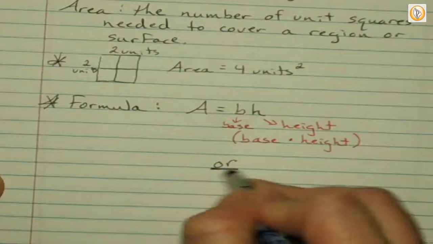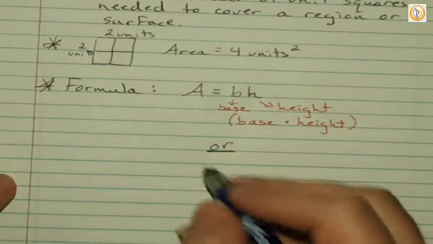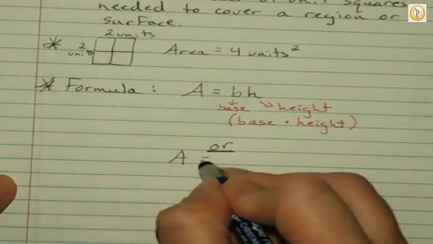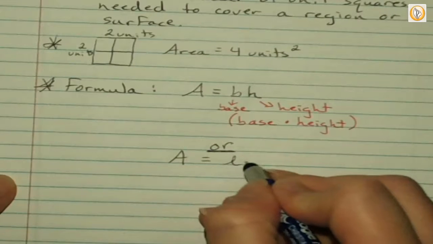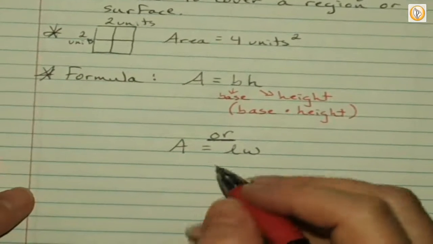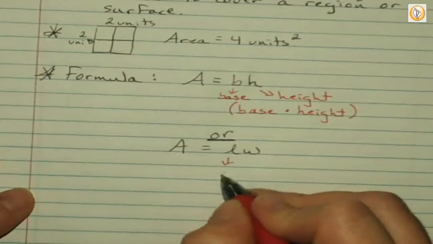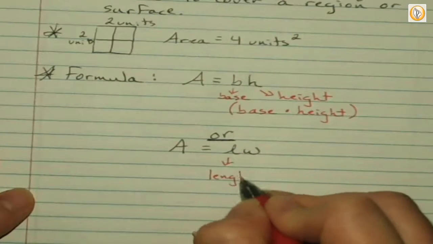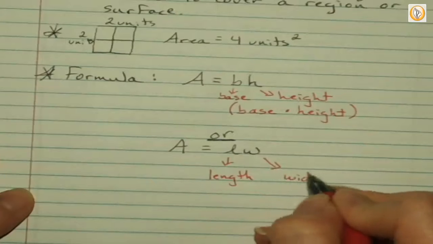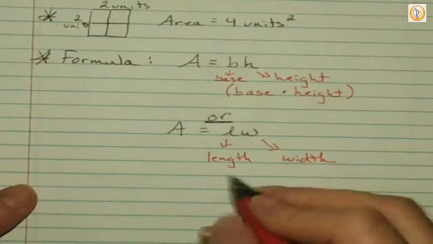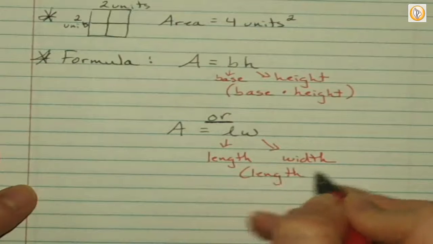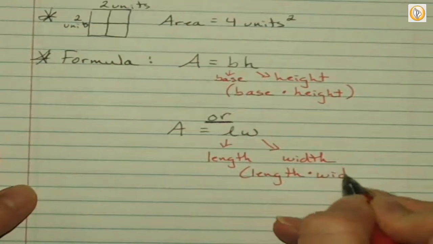Or area equals length times width. That's an L. Length, width. Length times width.